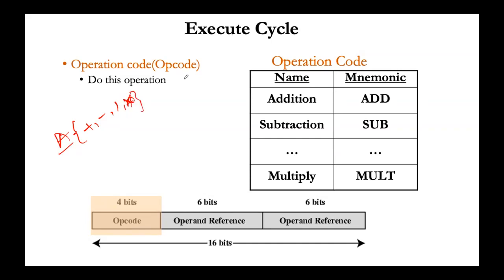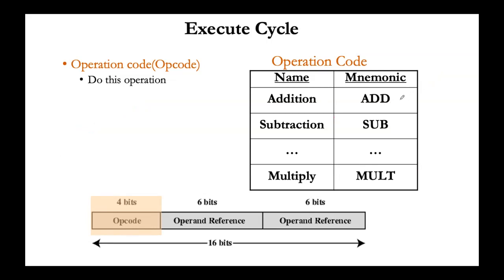The mnemonics used for the instruction purpose are add, sub, and multiplication. Then the operation code consists of add, sub, multiplication. And in the mnemonic form, they will give the address also, they will give the code also.